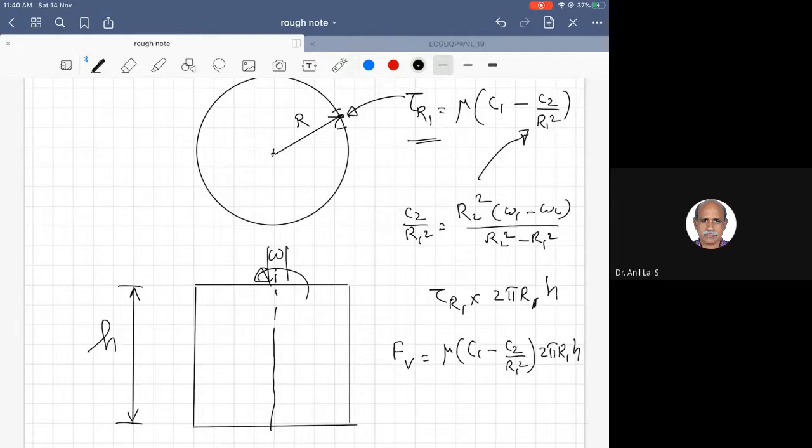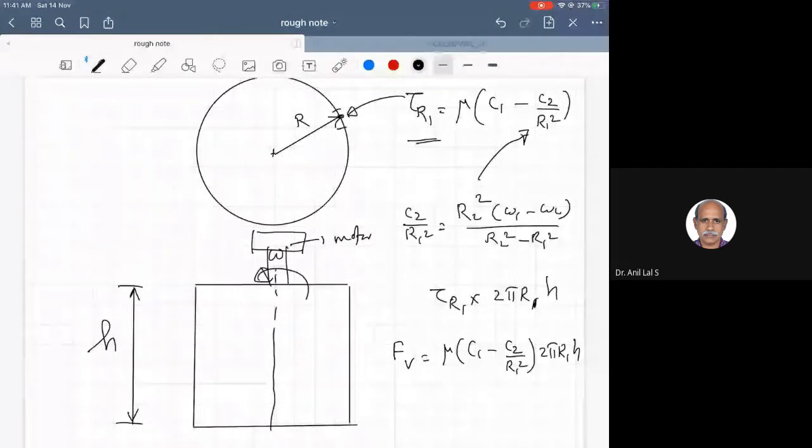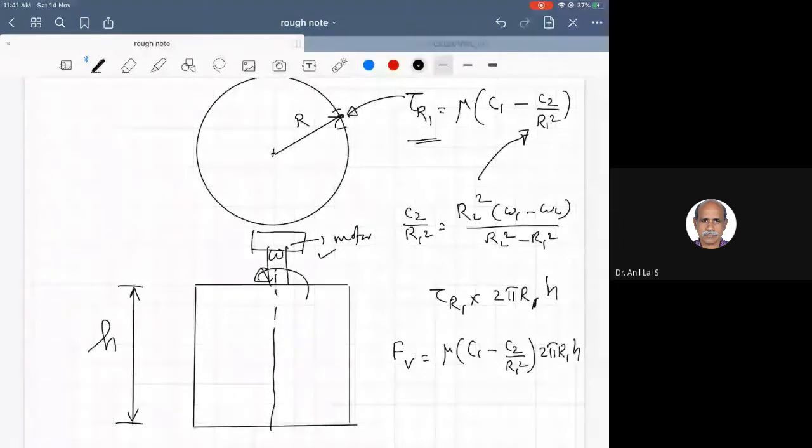There's a shaft, there's a motor used to drive this. And suppose I have a dynamometer that can measure the torque that the motor requires for driving the cylinder or wheel.